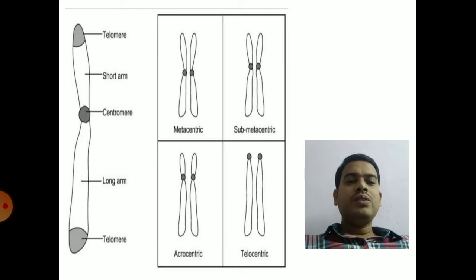And the telocentric chromosome, where the centromere is present at the end of the chromosome. So metacentric, submetacentric, acrocentric and telocentric chromosomes: those are the types of chromosomes based on the centromere.